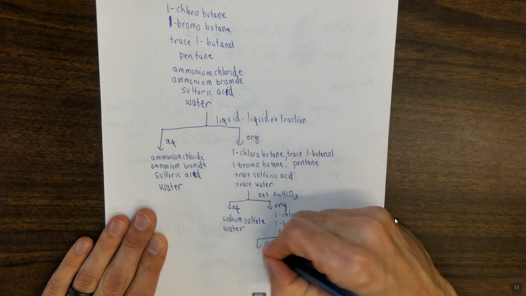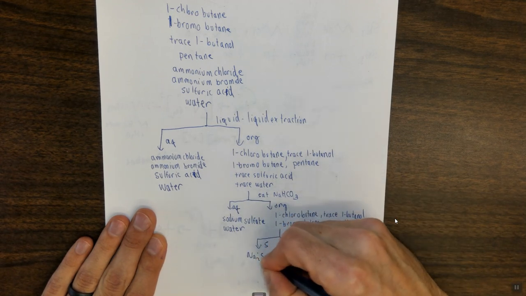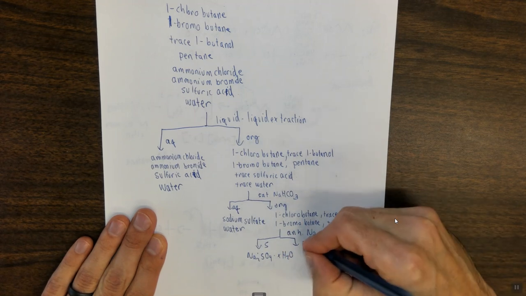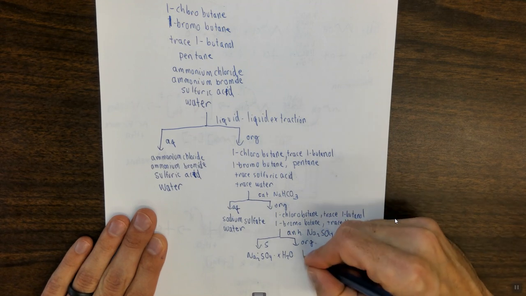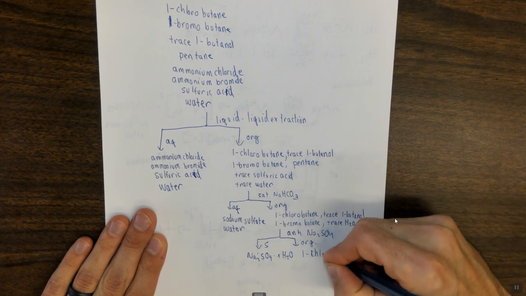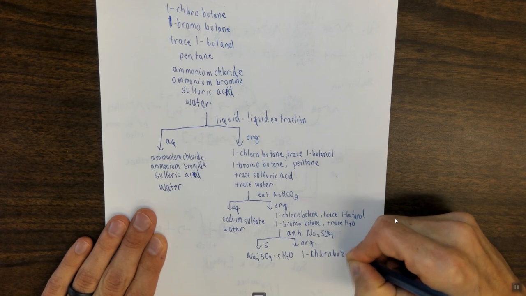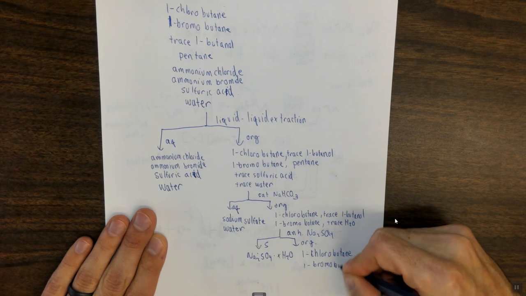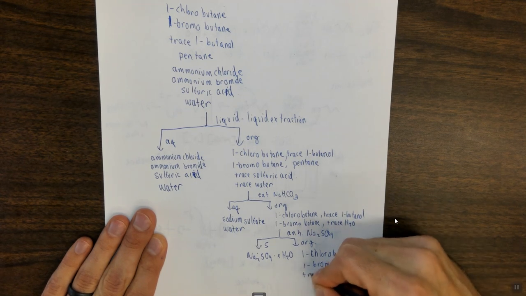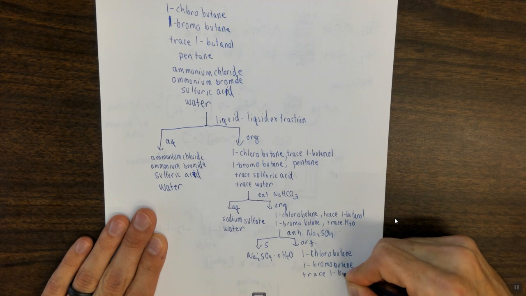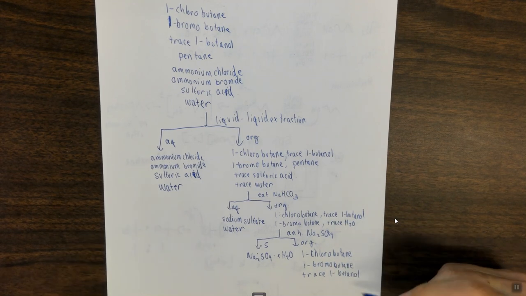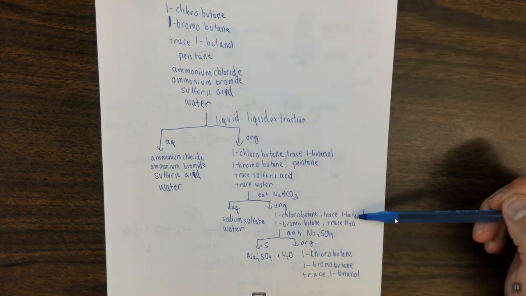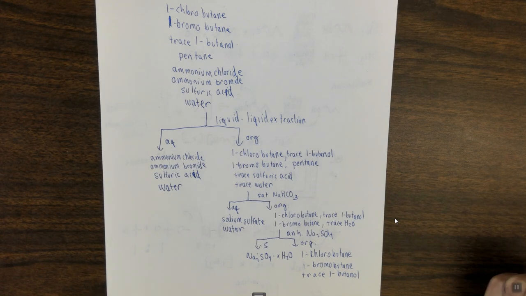We end up with a solid of Na2SO4 and some number of water molecules, and we end up with an organic layer, which has everything else: 1-chloro-butane, 1-bromo-butane, and maybe traces of 1-butanol. From my experience, we don't actually see 1-butanol on the GC, so we do end up actually getting rid of all of it. But the trace 1-butanol, your call, either include it or don't include it, but be consistent.